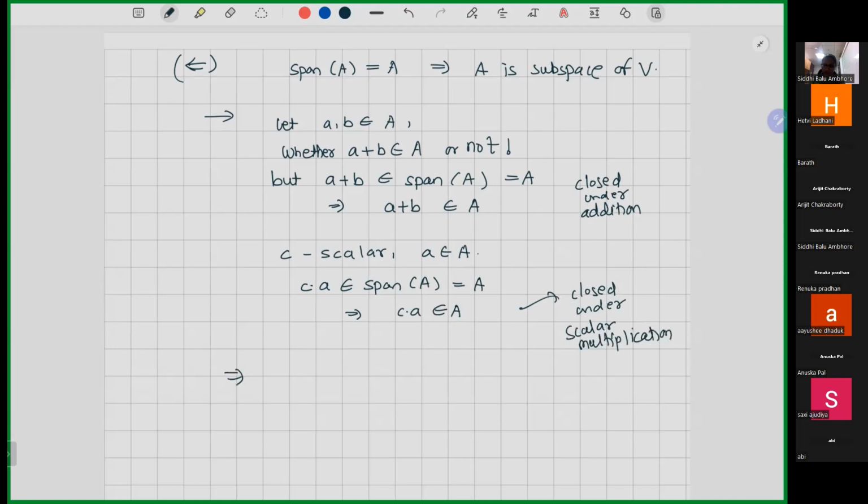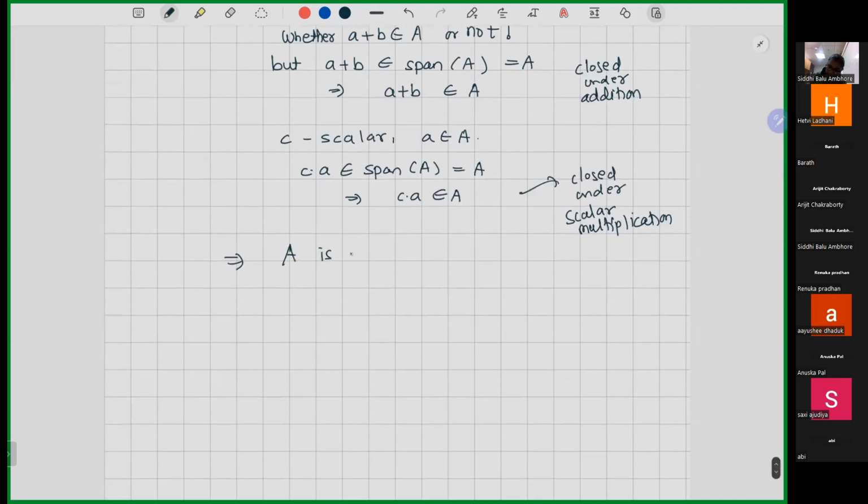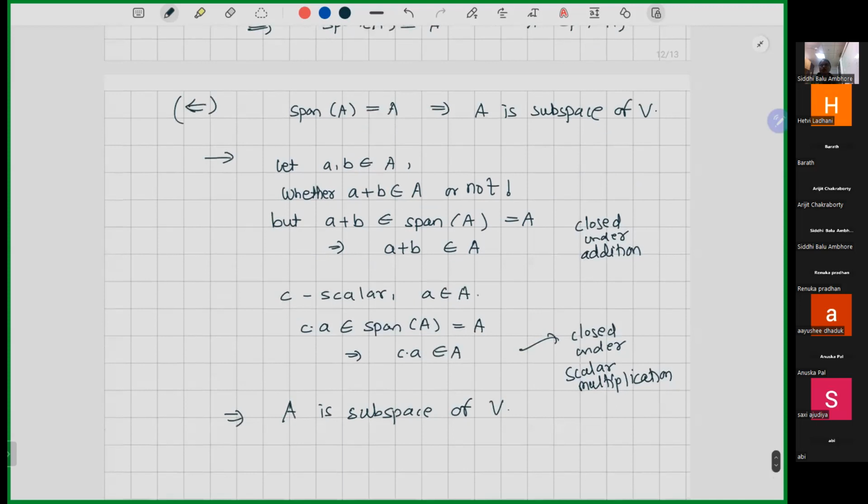So this gives me that A is a subspace of V, right? Doubt? This was comparatively easier than what we proved in the first implication. We just wanted to see that this a plus b and this scalar multiplication are actually elements from the linear span of A, and that is nothing but A in this case, as we are given. So that's why A is again a subspace of V.